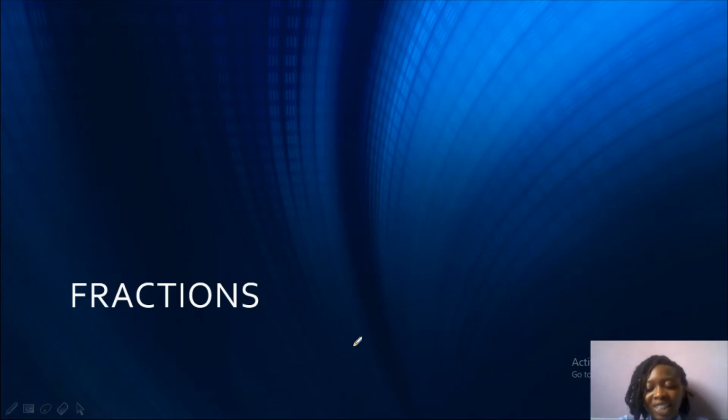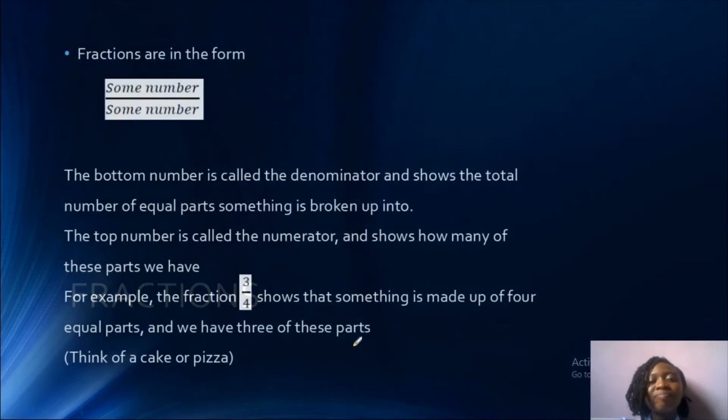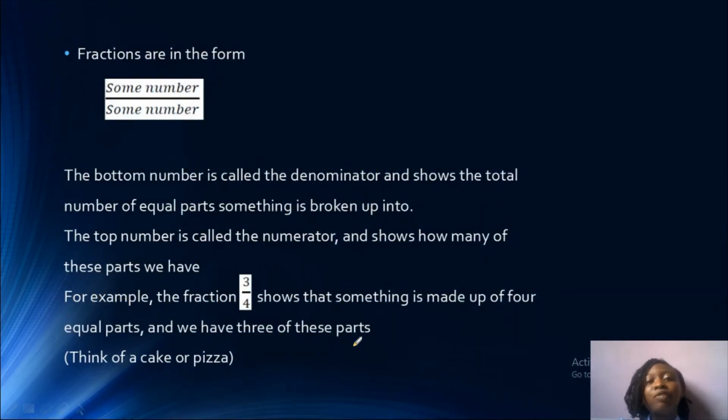Okay, so fractions. Fractions are in the form of some number over some number. The some number could be anything. This could be A over another number. This could be B, anything. I know A is not a number, but in mathematics we represent numbers with alphabets. So A could be a number.